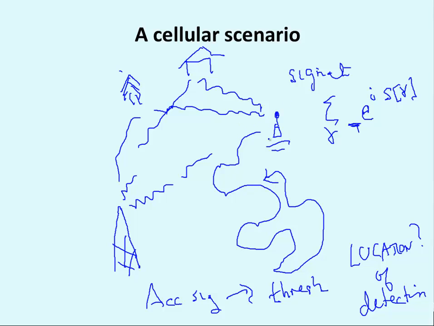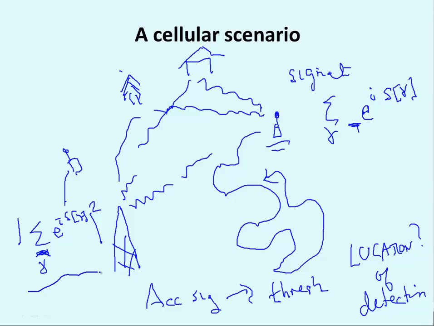Now, since the cell phone is moving randomly, we can't tell for sure, but we can give some idea of the probabilities. It turns out that the probability of the cell phone being at any particular location, say, for instance, that the cell phone is here and the detection takes place at that location, is proportional to the absolute value of the sum over the paths, squared.